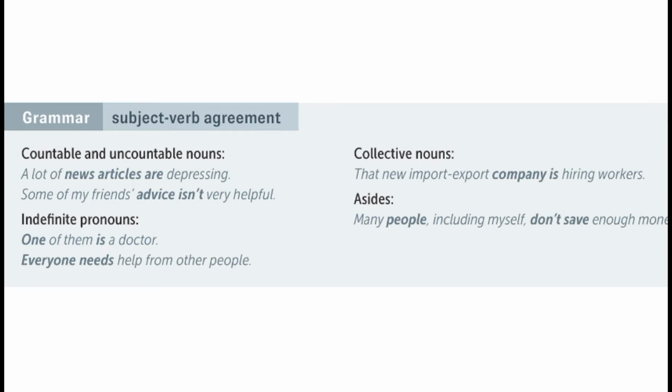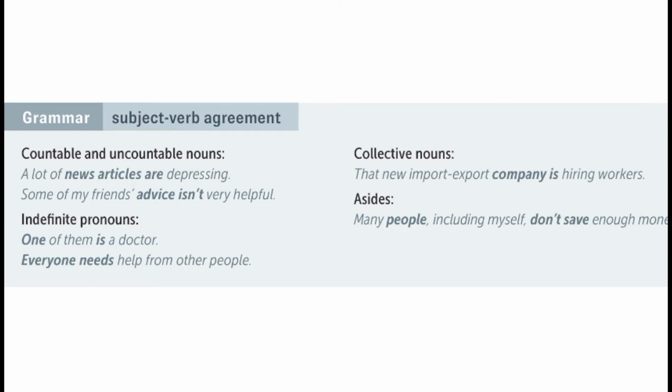What about collective nouns? Example, that new import-export company is hiring workers. The word here, company, has the idea of plural, as a collective noun. But the verb is in the singular because the word company is a subject in the singular, right? And we have some asides that we call in Portuguese aposto, right?